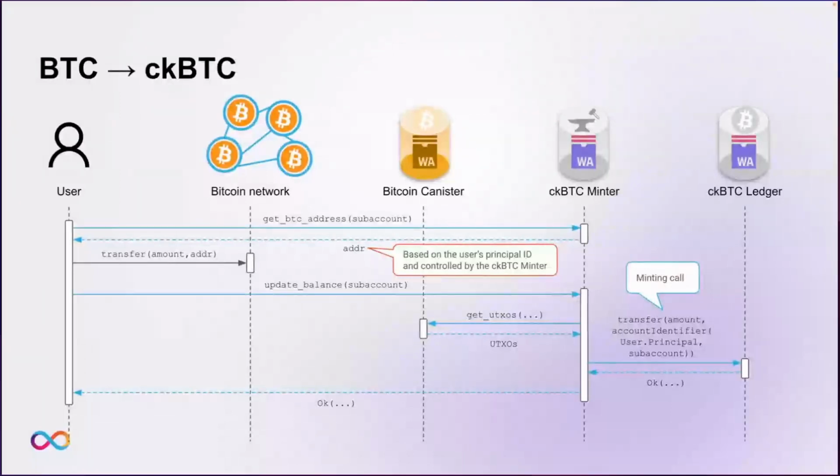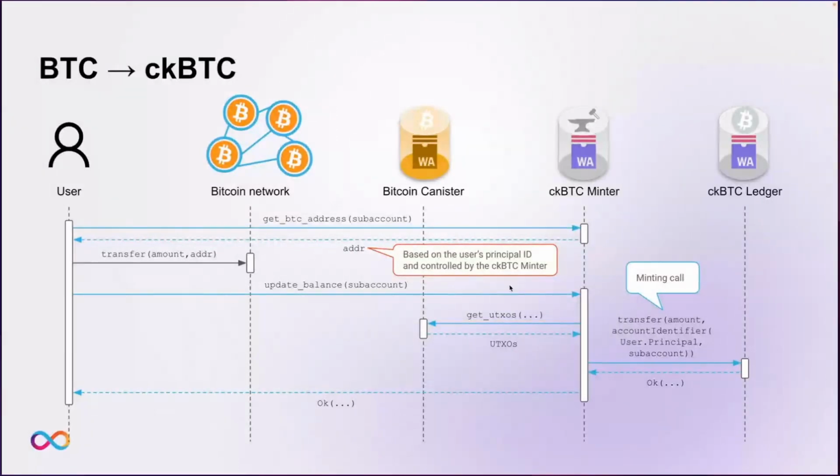Now that we have the deposit address, we transfer the BTC we want to convert into ckBTC to that address, which is a Bitcoin address, on the Bitcoin network. So this is a transaction on the Bitcoin network. After the transaction is final, we call the update balance method on the minter to notify it, triggering it to check for new UTXOs associated with our address.